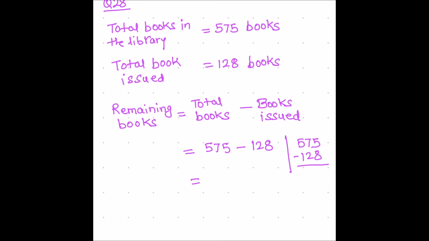So 5 minus 8 is not possible. So we'll borrow from 7. This will become 6. This will become 15. So 15 minus 8 is 7. Now here it is 6. 6 minus 2 is 4. And 5 minus 1 is 4. So 447 books were left in the library. 447 books.